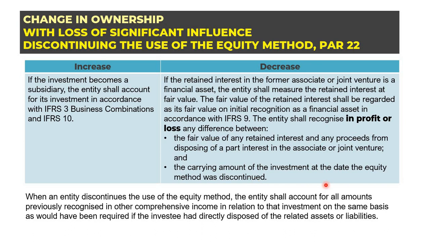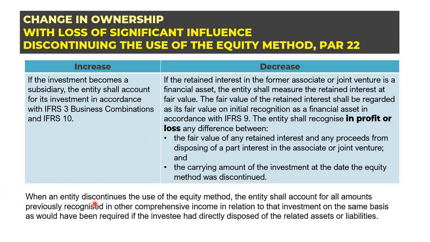And since that is the date we discontinued the equity method, we first updated our investment in associate account. We first recognized the changes in the investment in associate account until the date the equity method was discontinued, which is May 1. Then, the difference that is recognized in profit or loss is what we recorded earlier as gain on sale of investment for the 30,000 ordinary shares and gain on reclassification for the retained interest of 70,000 ordinary shares.